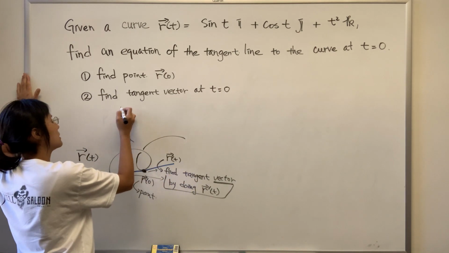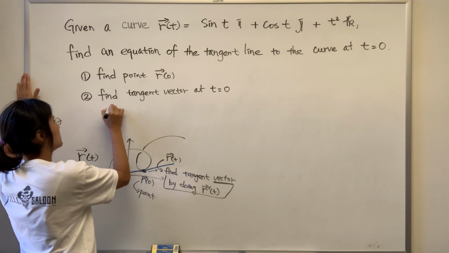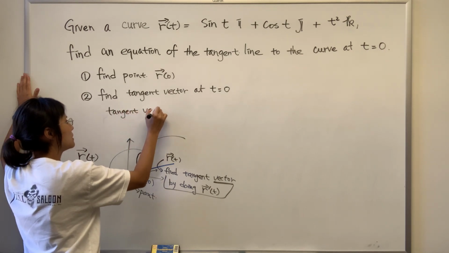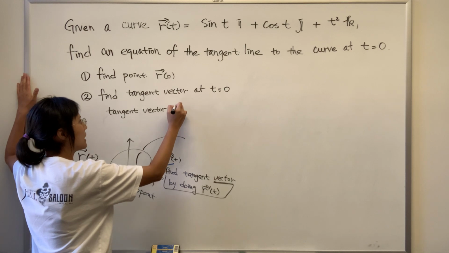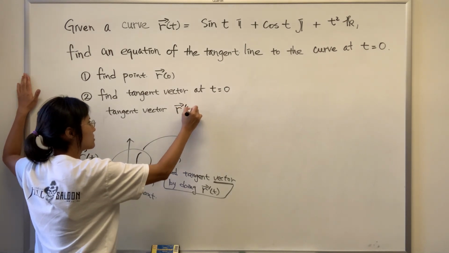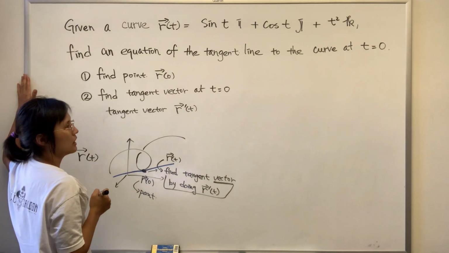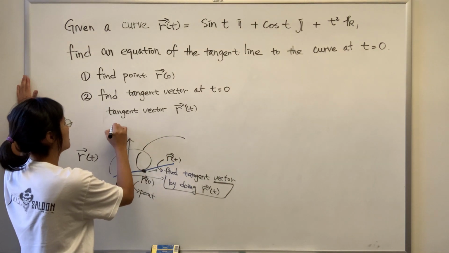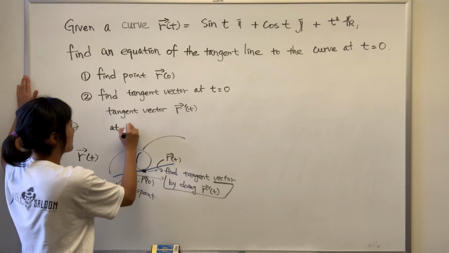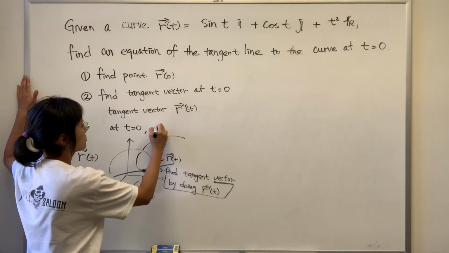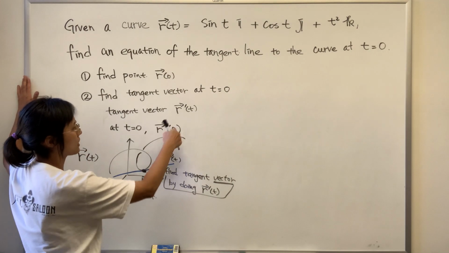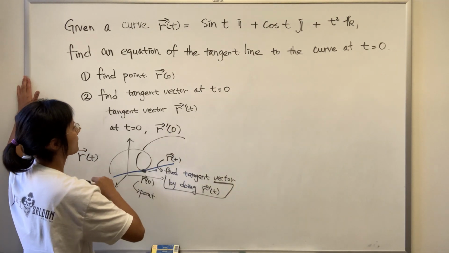The tangent vector is given by the derivative of the r function, and at t equal to 0, what you have is r'(0). So you plug 0 into r'.